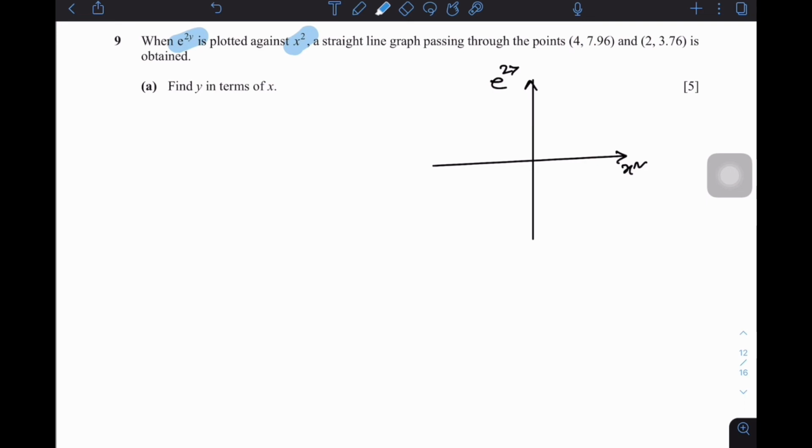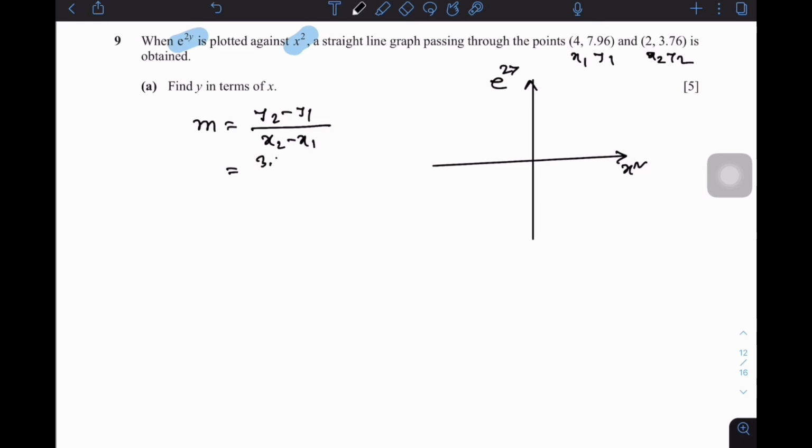Okay, so let me find the gradient first of all. We know m equals y2 minus y1 divided by x2 minus x1. So we can consider this one as x1, y1, and this is x2 and y2.